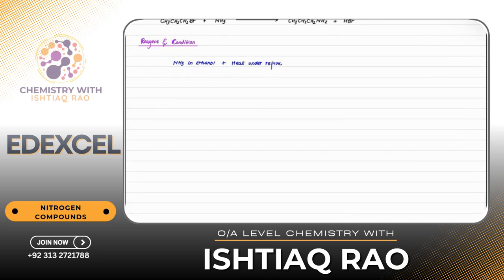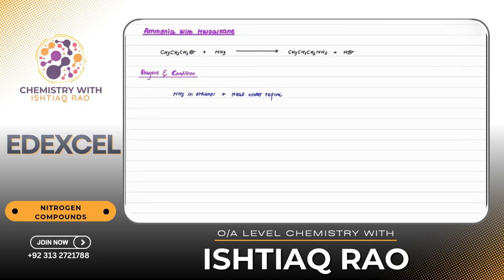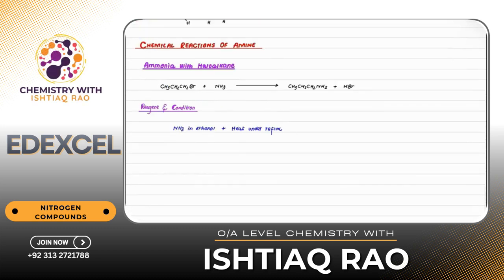To avoid this reaction, we have to take ammonia in ethanol, and this reaction is called nucleophilic substitution reaction.